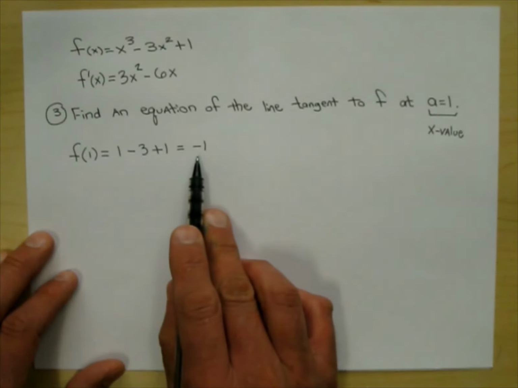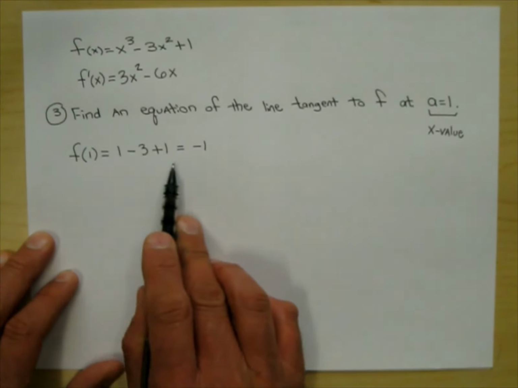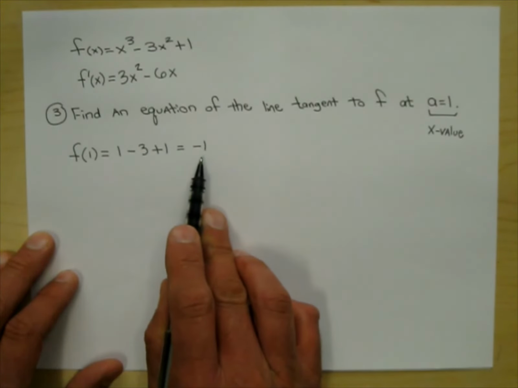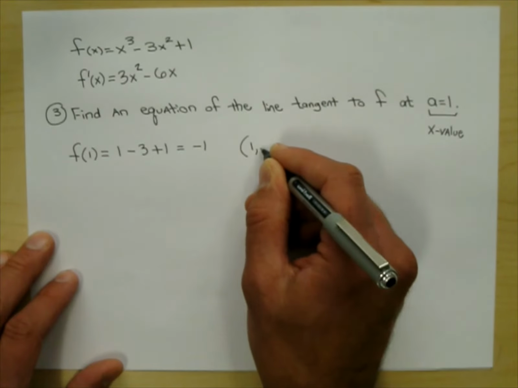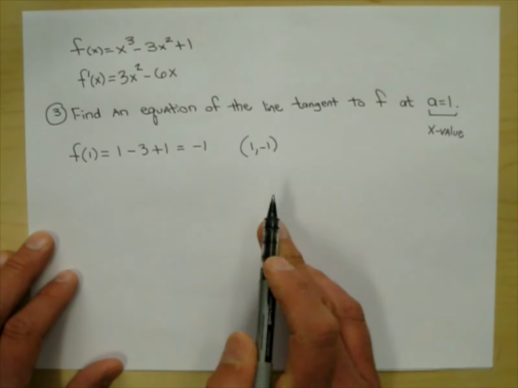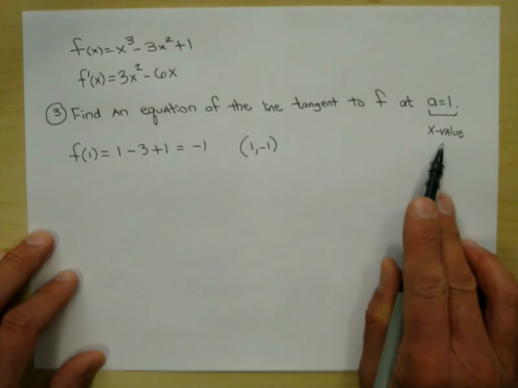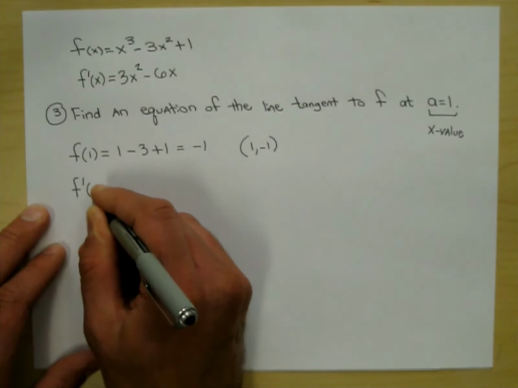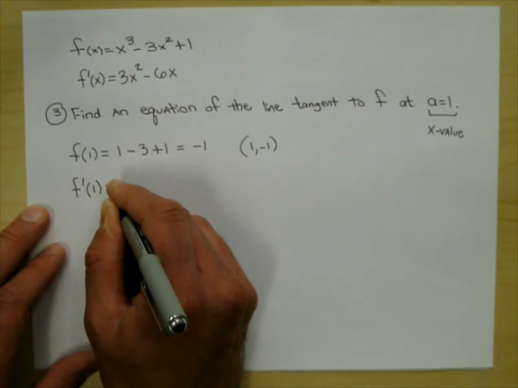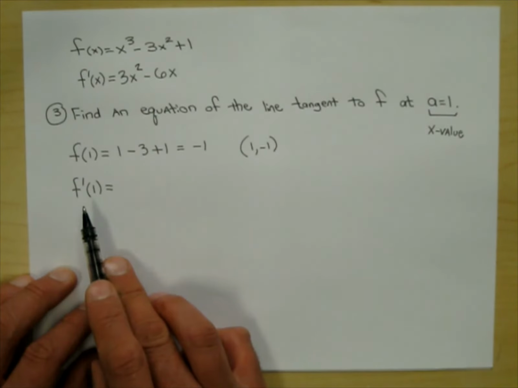Now what does this really mean? Well, when I plugged 1 in there, and I was plugging numbers into that function and the other problems, that gives me the y coordinate. So the point 1, -1 is on that graph. Now when I put the x value of 1 into the derivative, it doesn't give me the y coordinate, it actually gives me the slope.